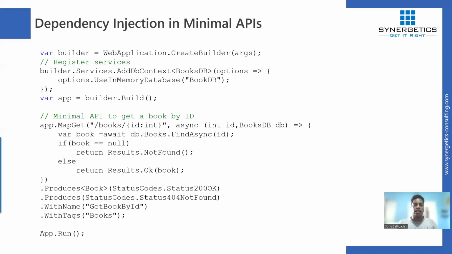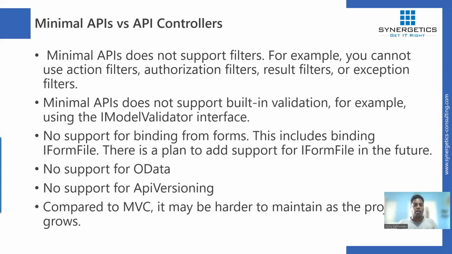While creating these minimal APIs, there are some challenges or limitations that you have, because since it is a minimal framework for building your web APIs, it does not provide all the features that you get in API controllers.